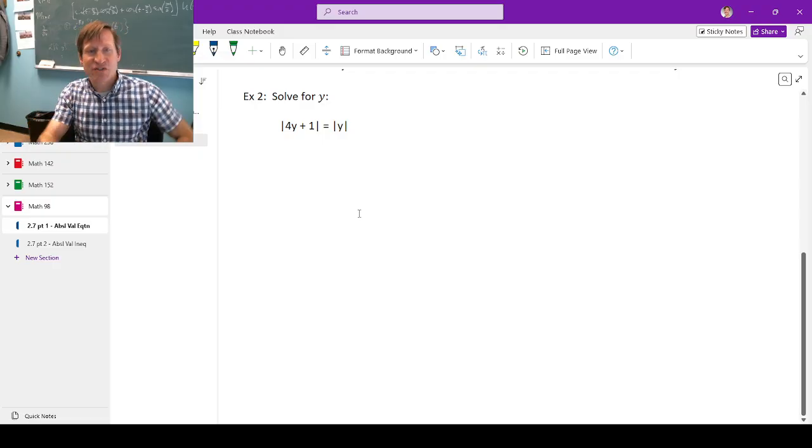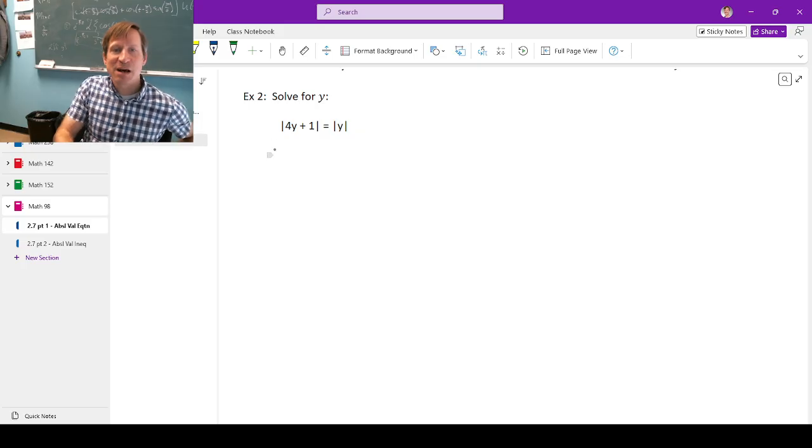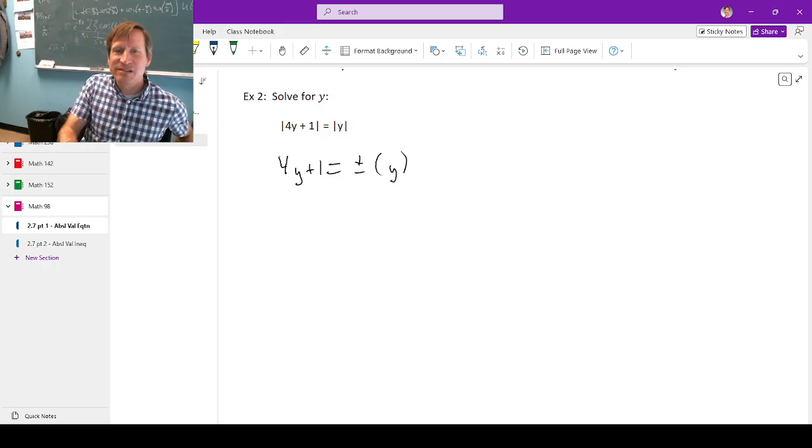Let's solve this equation for y. The equation is absolute value of 4y plus 1 equals the absolute value of y. So when we remove the absolute values, remember we have to put a plus or minus on one side or the other. I'm going to put the plus or minus on the right-hand side just because that seems a little easier.